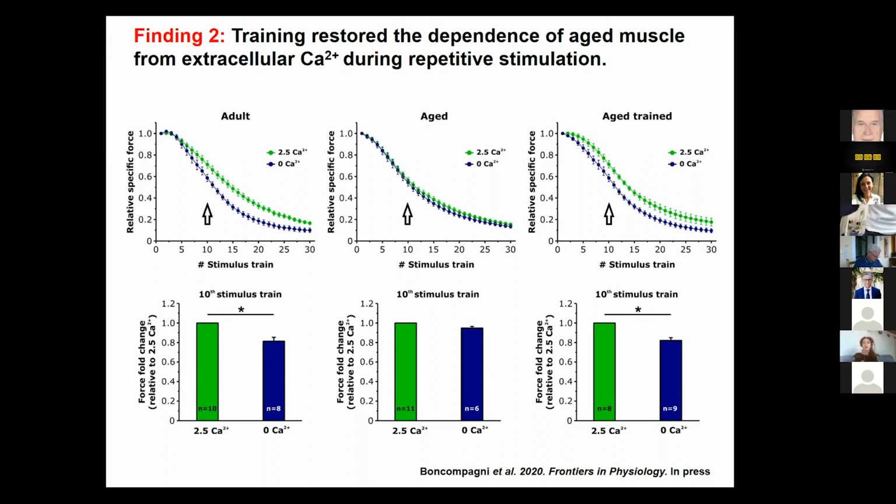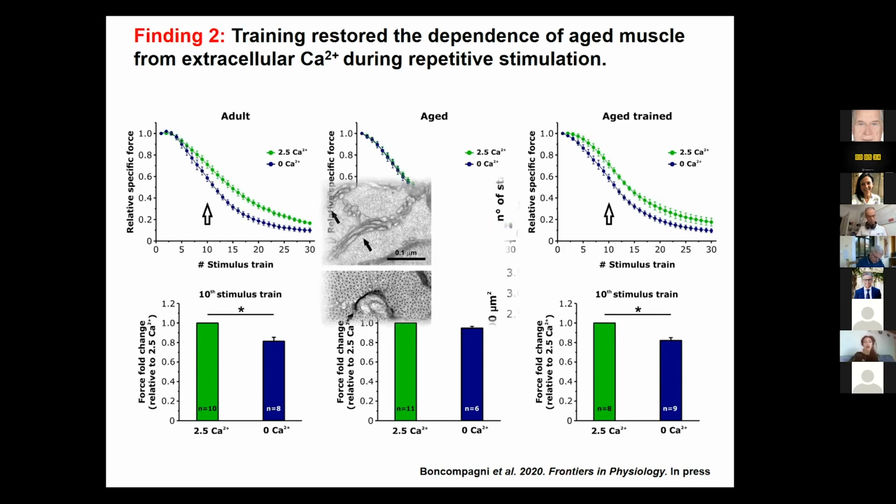Now, for people that know me, I am mostly an electron microscopy scientist. So these results suggested to us to verify if the recovered capability of aged muscle to use external calcium after training was related also to an increased assembly of calcium entry units.